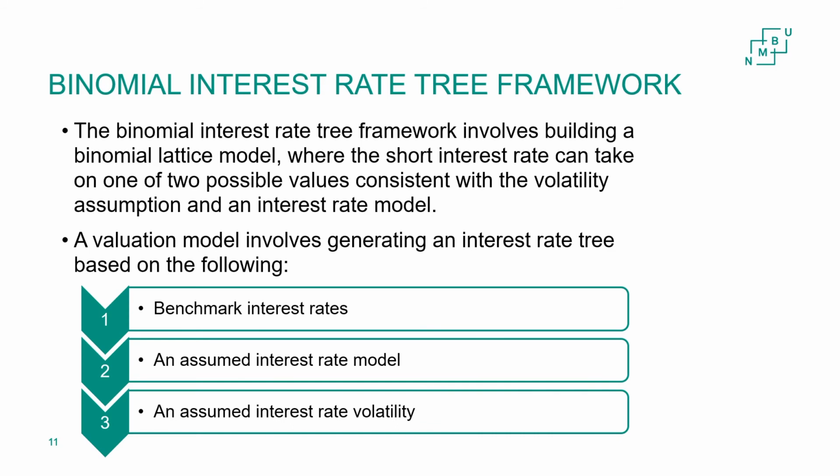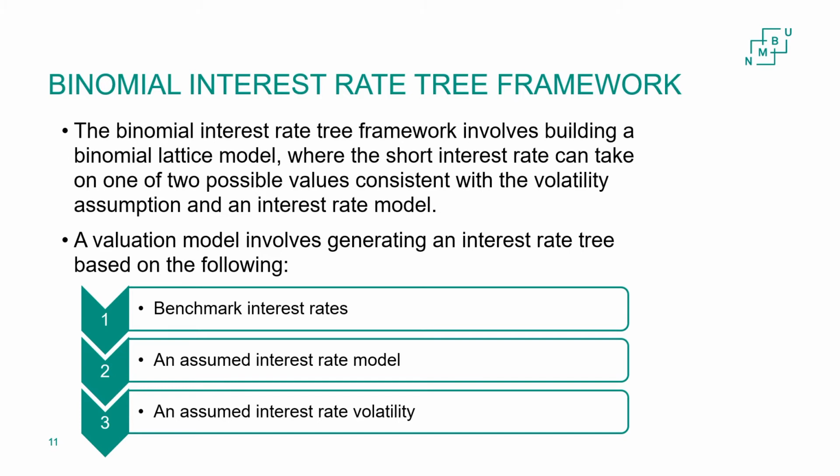And what we need is a way to define the possible values of the interest rate process. And for this, we use the binomial interest rate tree, which means that the interest rate can, from each node, go either up or down. Only two options.